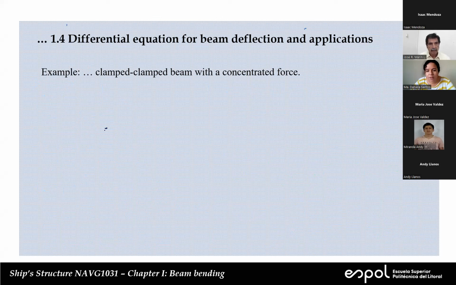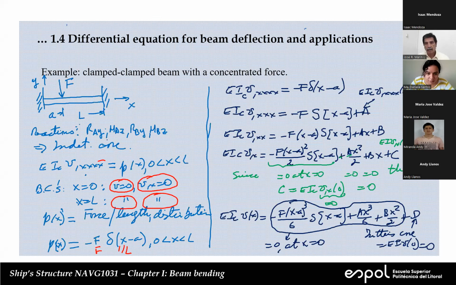Teacher, I have a concern about the negative sign of V of X, the shear force, because when you replace the boundary condition at points equal to 0, you have a negative. But Ms. Santos, I think it's Ms. Santos, right? Yeah.